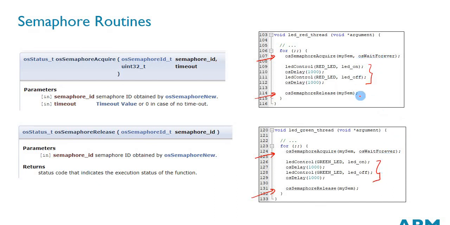Subsequently, once I'm done, I release. Here also I acquire, then I release. In the lab, you'll also see the same thing I can do with Mutex. So here also I can do Mutex acquire and then Mutex release, and same thing here, Mutex acquire, and then Mutex release.